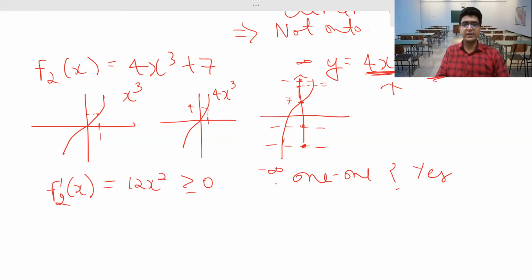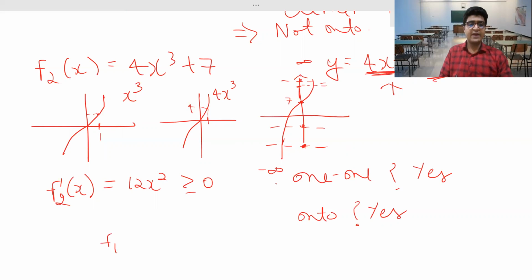We discussed this. So it is a strictly increasing function moving in both directions, which makes this function onto as well. If I check for any element of the codomain, we can clearly see that there is at least one association, which means it is onto as well.